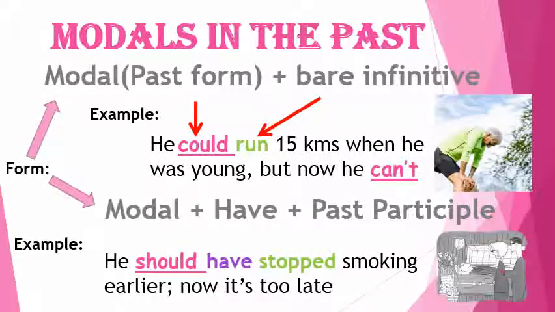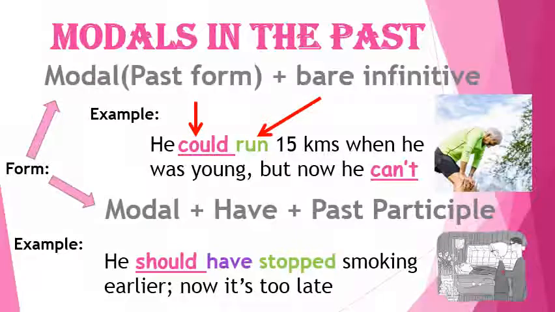This was advice in the past that the person didn't take seriously. He should have stopped smoking, but now it is too late. This talks about a weak obligation, or weak advice, in the past. Notice this modal should followed by the verb have followed by the verb stopped.